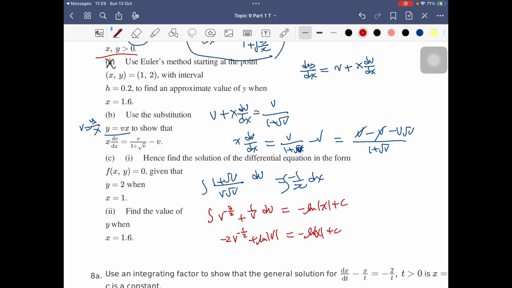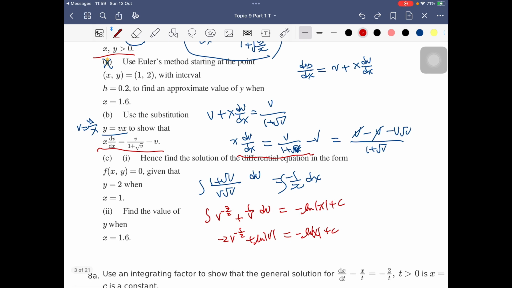So now, oh yeah, so b was here, sorry, now I'm solving the c. So f(x, y), because this is difficult to make into an explicit form, which is y equals something. So here we will leave the expression of x and y on the left side, everything, and make the right side 0.